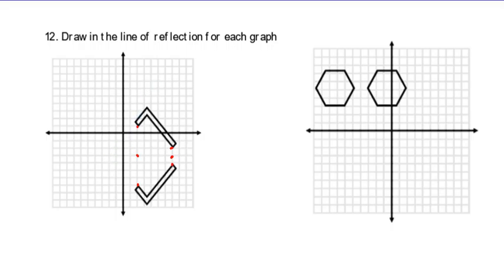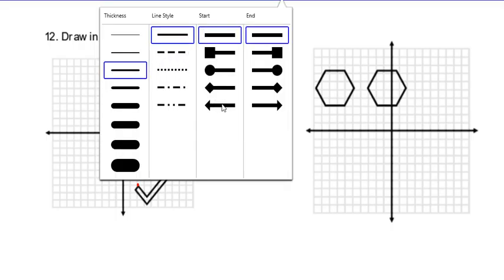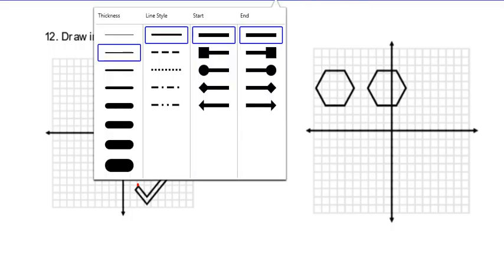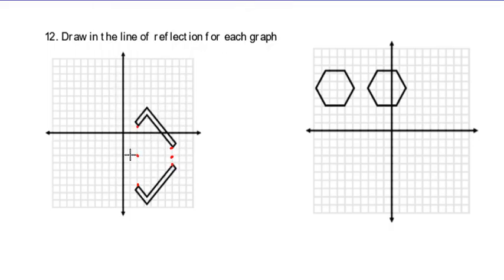So if I were to draw in the line of reflection, right there. Not the neatest looking line. Let's see if we can make a nicer looking line. Let's get a line. There we go. That's much better. There's the line of reflection.